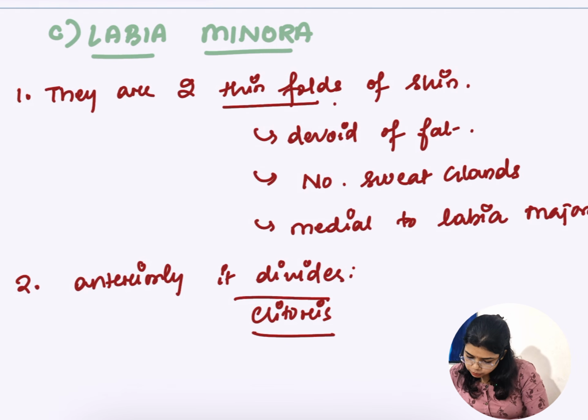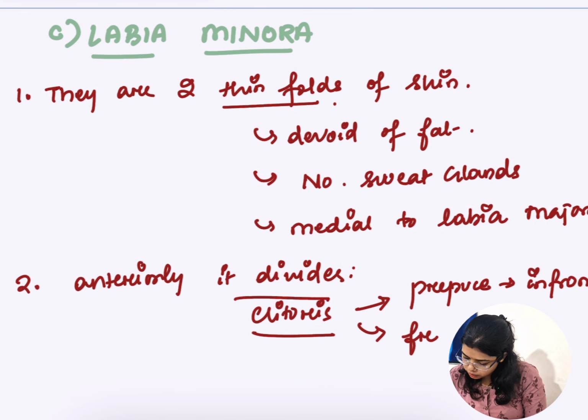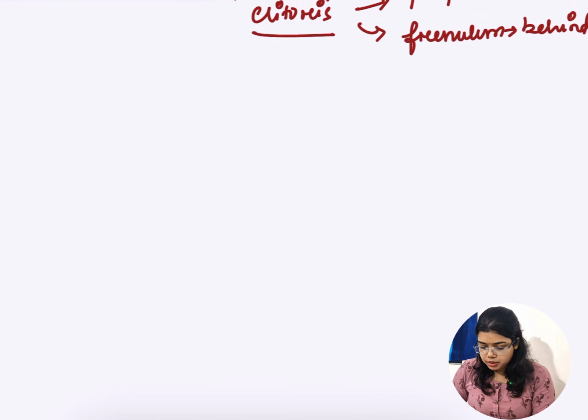So let's write it down: anteriorly it divides to form the prepuce in front and the frenulum behind the clitoris. Remember this one also.